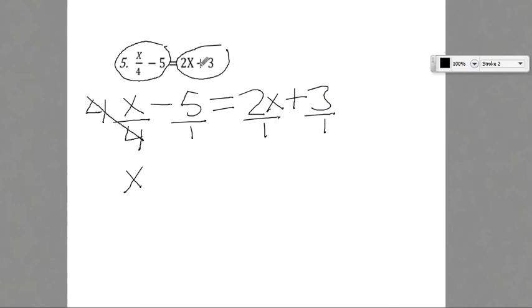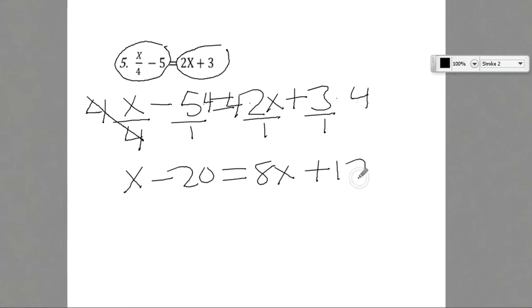Okay, so to keep those two sides equal, if we do something to one side, we've got to do the same thing to the other side. So we're going to multiply this term by 4. Negative 5 times 4 is negative 20, equal to, we're going to multiply 2x by 4, and that will be 8x. And then we're going to multiply 3 by 4, and that will be 12.